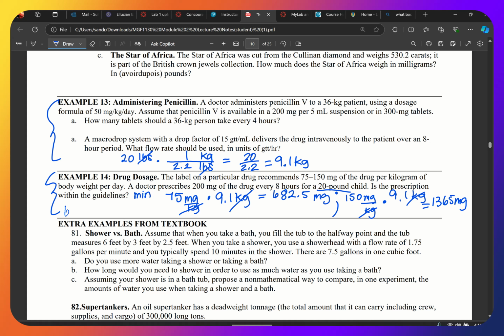So the doctor prescribes 600 milligrams per day. Is that within our range? No, it's below. So he didn't give enough. This is our minimum, and this is our maximum. The amount per day has to be between these two amounts.